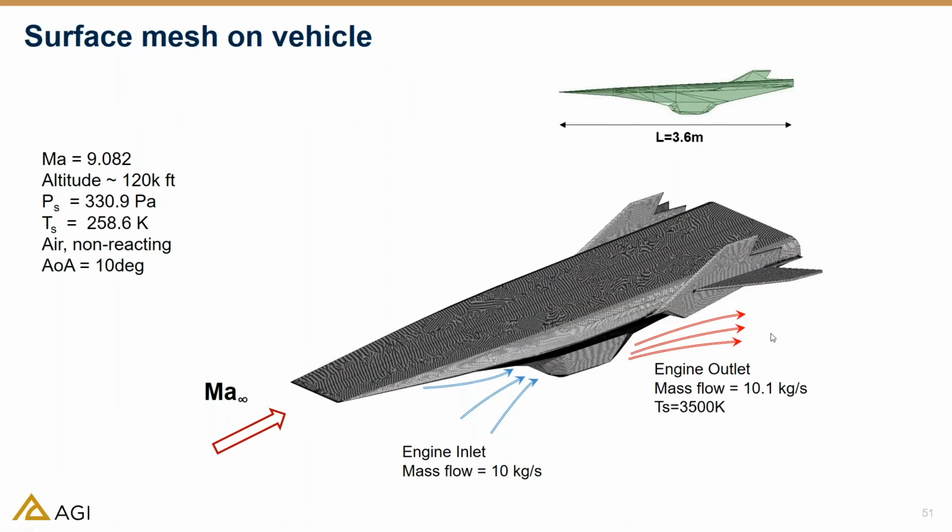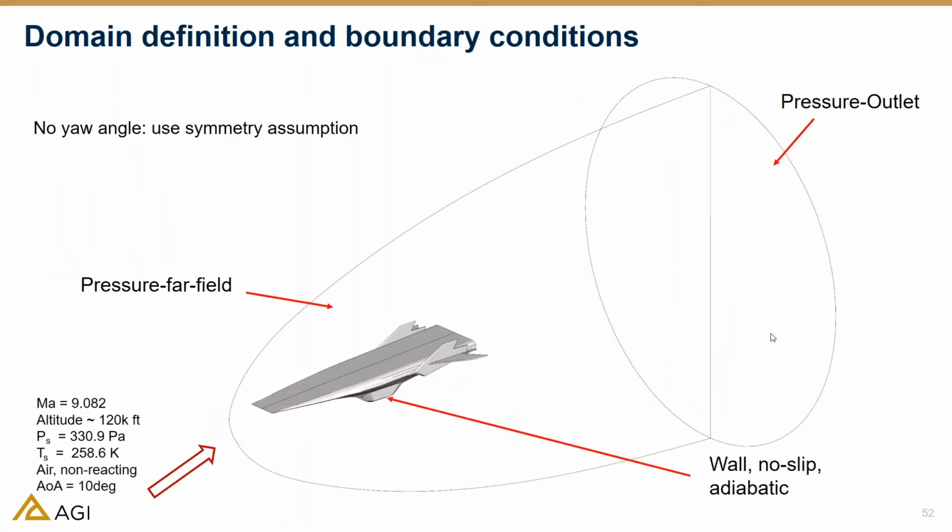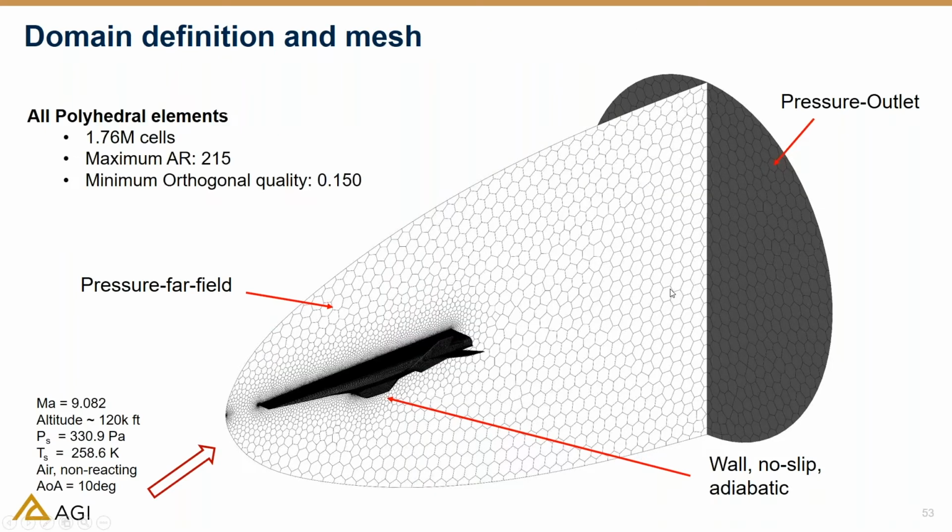We have created, if you're familiar with CFD, a computational mesh, and we have put the vehicle inside what we would call the computational domain, in this case, just surrounding the vehicle and a little bit downstream. In this case, we are using ANSYS polyhedral mesh elements, and we also have inflation layers.